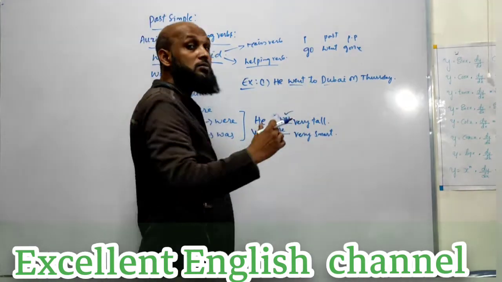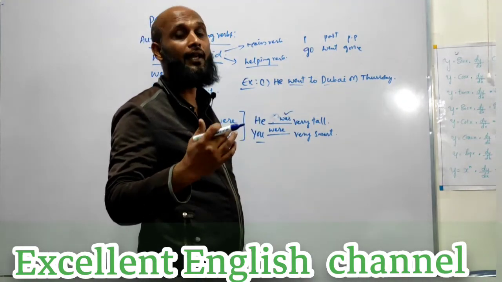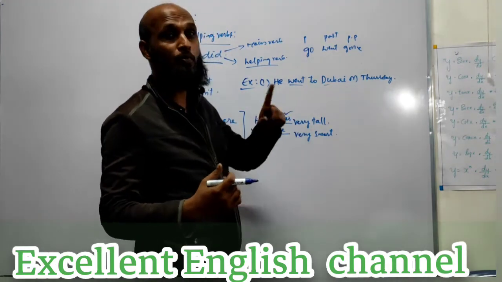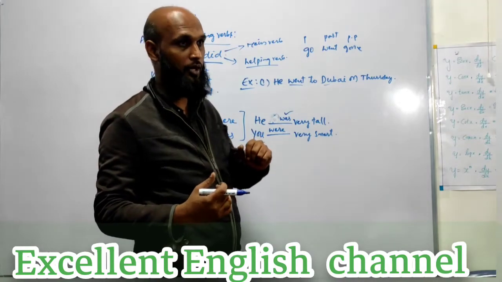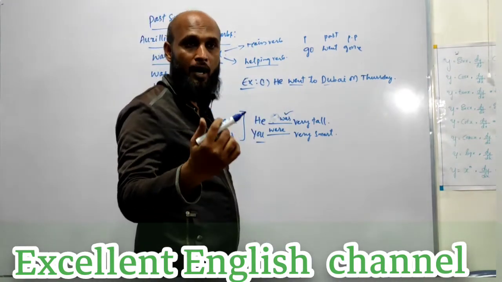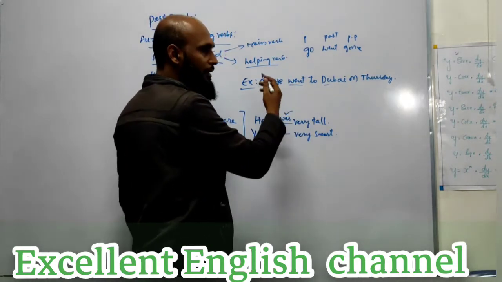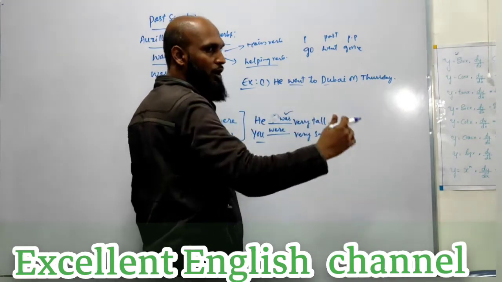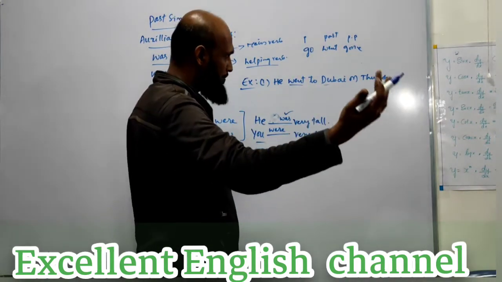Now in order to make the negative or to make the question is when you are going to make use of did. So that's where the did is going to play its part. Now let's look at the example. The same thing, it is a sentence. You are giving out the information about that person.